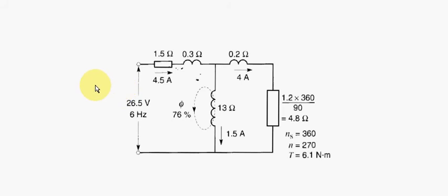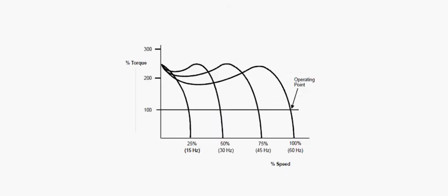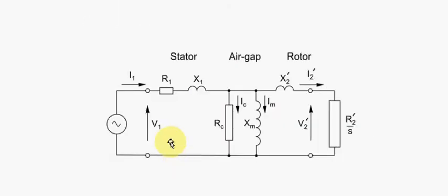But a more scientific way would be to disconnect the motor from the load. In other words, if I disconnected the motor from the load, the majority of the current will be flowing down here, and very little current will be flowing in this circuit over here, mainly because the slip is now almost zero.